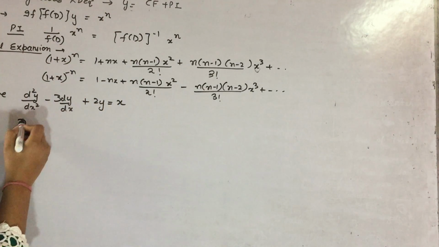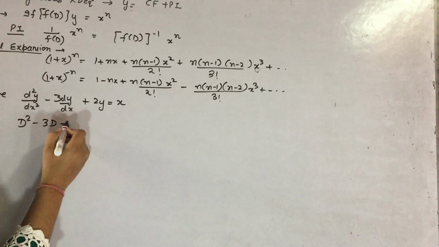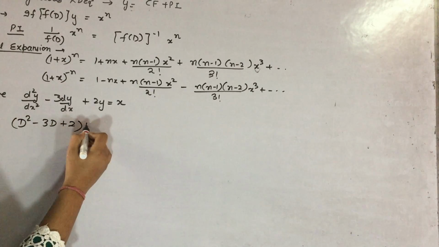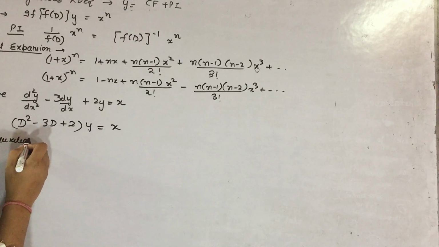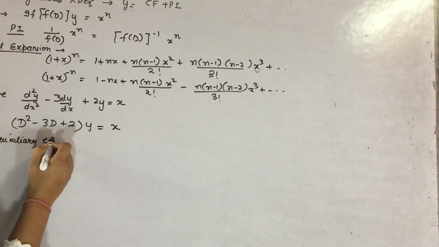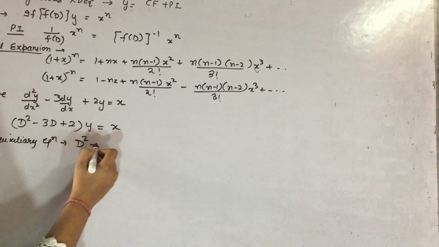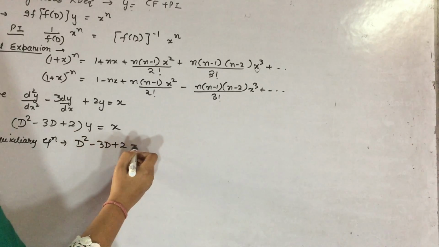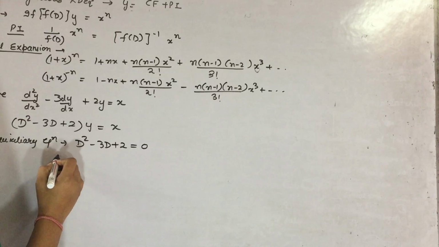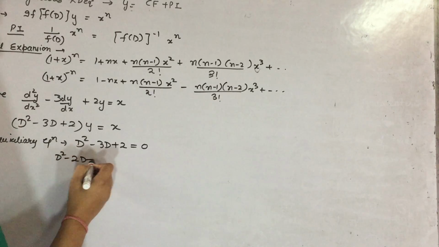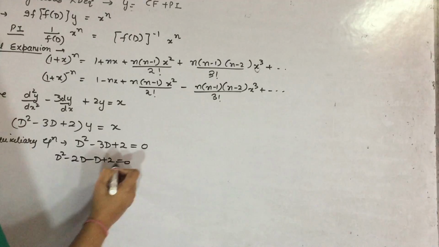Firstly, your auxiliary equation is D squared minus 3D plus 2. If you take it as 0, then it becomes D squared minus 2D minus D plus 2.